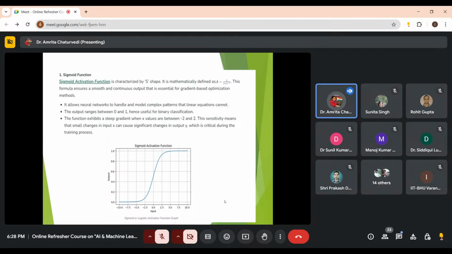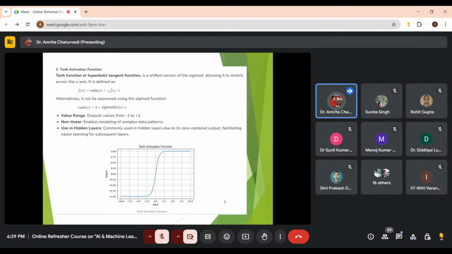The output ranges between 0 and 1, and therefore it is useful for binary classification. This function exhibits a steep gradient when x values are between -2 and 2. This sensitivity is extremely important because small changes in input can cause significant changes in the output, which is critical during the training process.